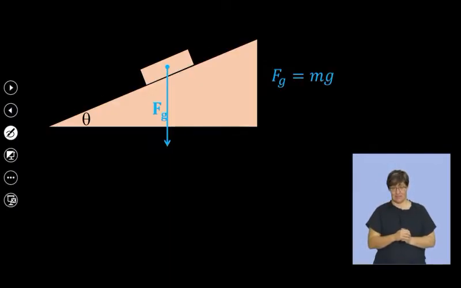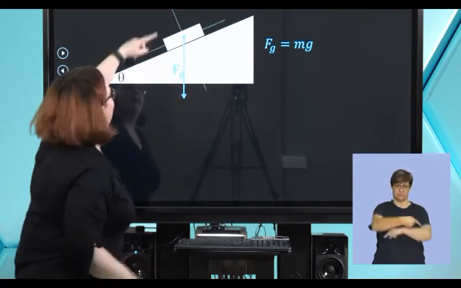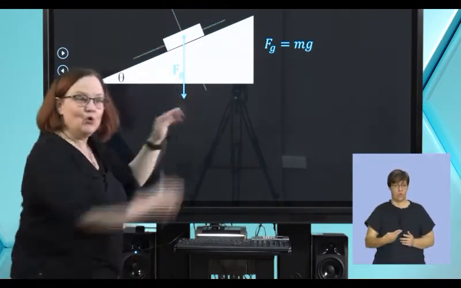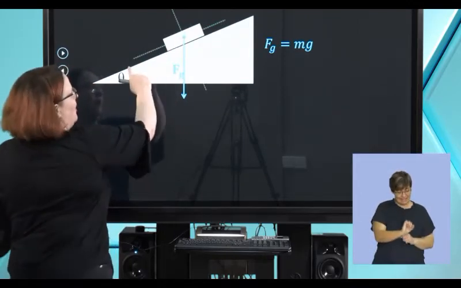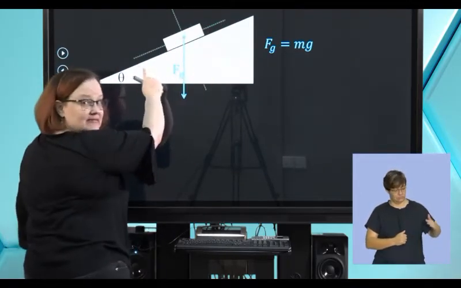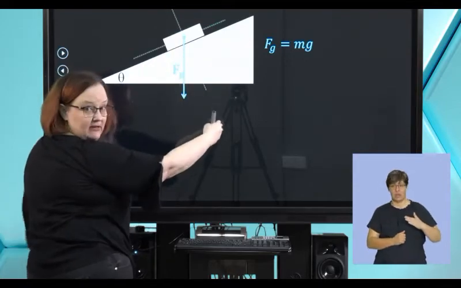So if I now draw in a set of axes, like in maths, the x and y, but I'm not going to make it normal vertical and horizontal. I'm going to draw it according to the slope. So now I have a parallel axis and I have a perpendicular axis.